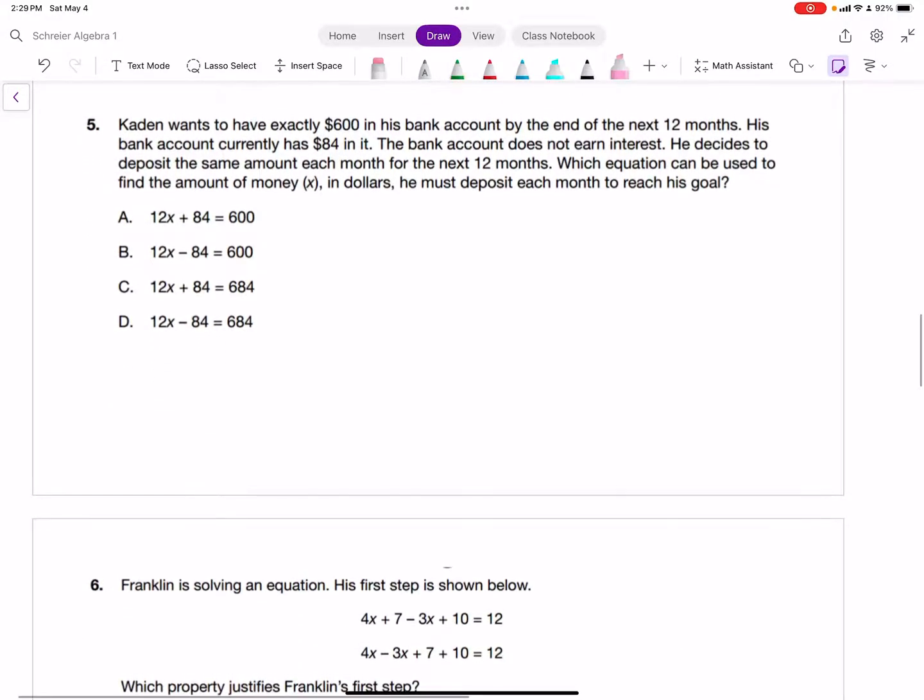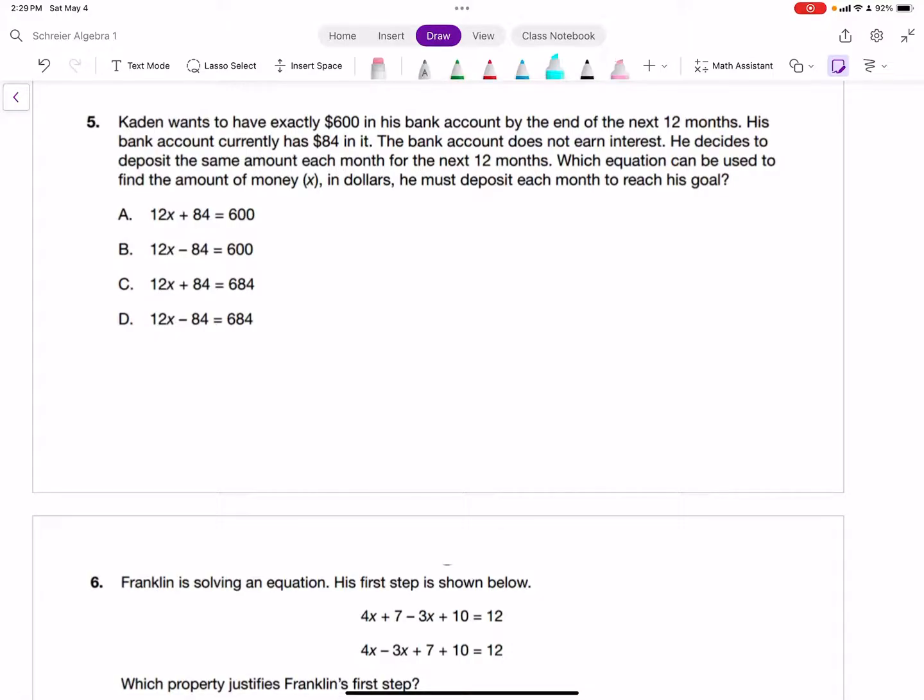Caden wants to have exactly $600 in his bank account by the end of 12 months. His bank account currently has $84 in it. The bank account does not earn interest. He decides to deposit the same amount each month for the next 12 months. So he could, for example, go ahead and deposit $10 every month.